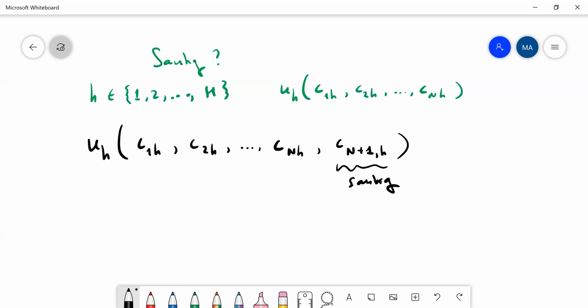So for instance, you may imagine this function to be like C1H^alpha1, C2H^alpha2, dot, dot, dot, CNH^alphaN, and CM+1H^alphaM+1. Okay.